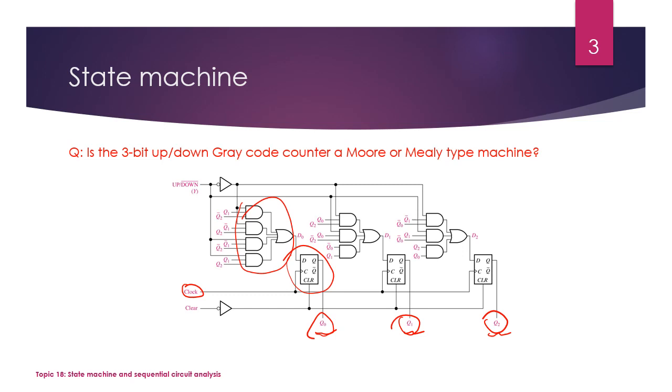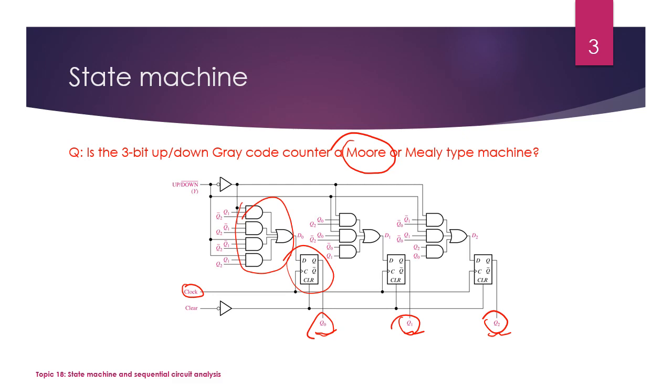Now recall the definition: if all the outputs come from the memory part, it's called a Moore machine. So this Gray code counter is a Moore machine. Actually, most of the synchronous counters we talk about are Moore machines, unless we add more outputs to them. And we will show you how to do that.